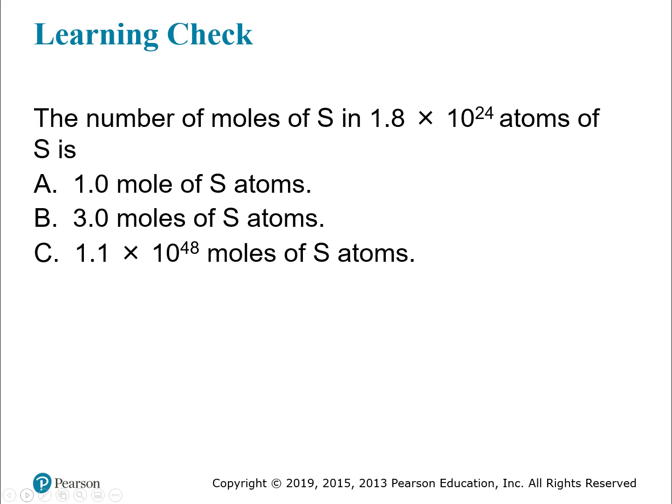Like I said, we can also do the opposite. So this is a multiple choice question. The number of moles of sulfur in 1.8 times 10 to the 24 atoms of sulfur is, and then you got to choose the right one. Our given information is the number of atoms.